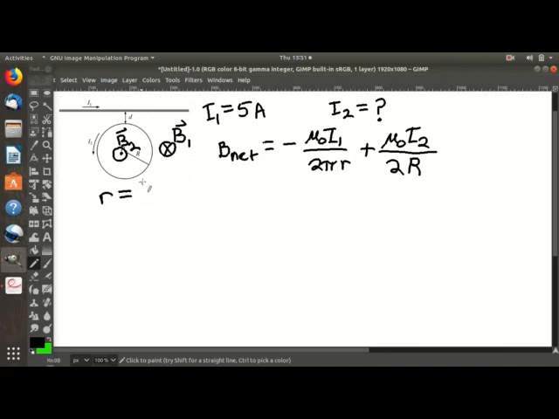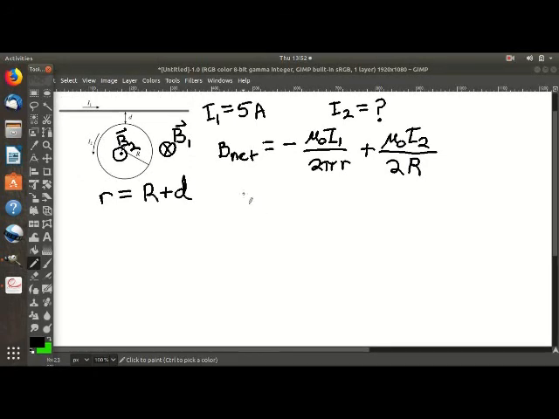The distance from the straight wire to the point of interest, location P, equals big R plus that little distance D. Alright, so let's just keep that in mind, and we'll have to use that at the end when we plug in for value. We're asked to solve for when the net field at the center of that loop equals 0.